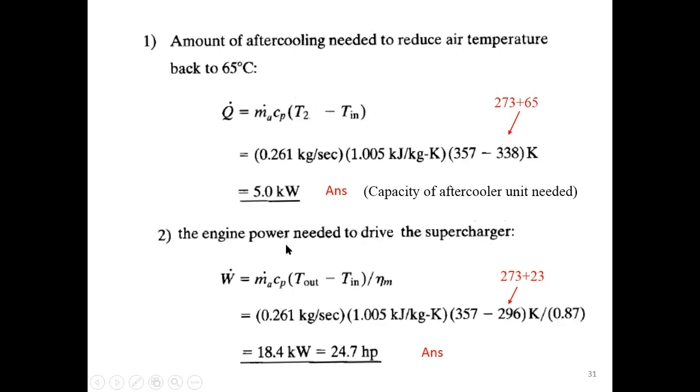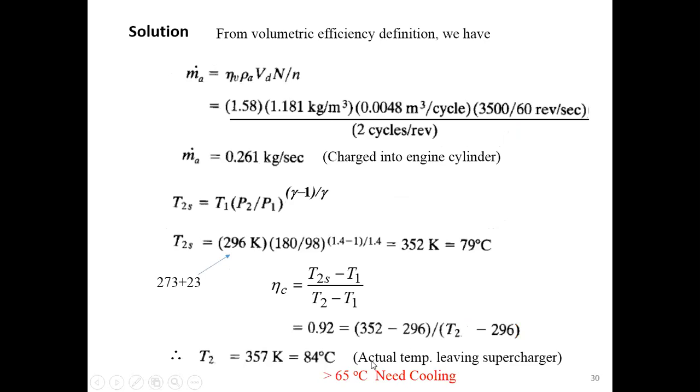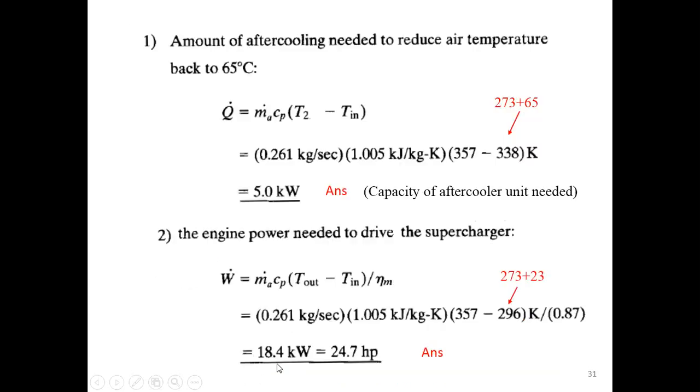The second question, the engine power needed to drive the supercharger, is the power to drive the supercharger in order to compress the air from ambient conditions to the outlet condition that we require, which can be represented by the change of temperatures. We have the outlet temperature equal to the actual one, 357 Kelvin, and the inlet one, which is 23.